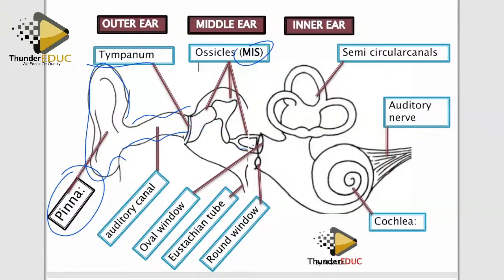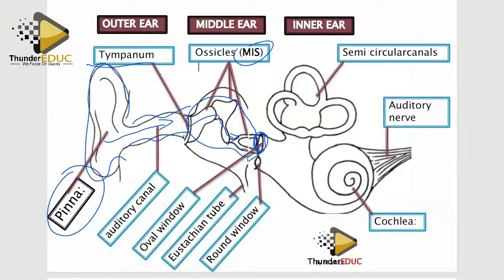Okay, we continue. These three bones, all these parts, they have a function. The same way you see me moving, the same way the sound is moving. We have this window.